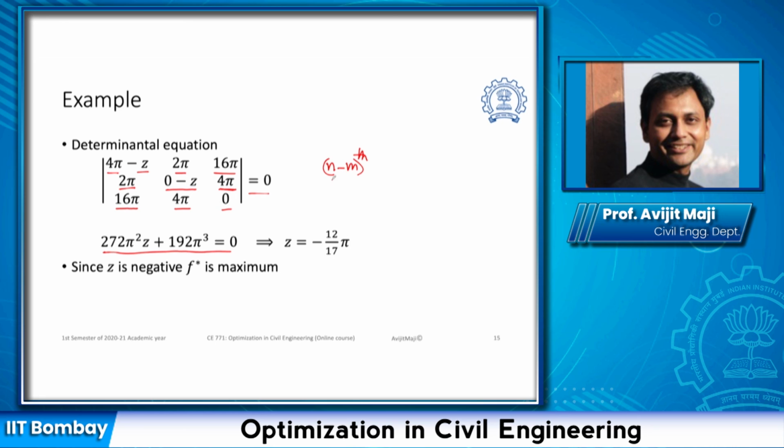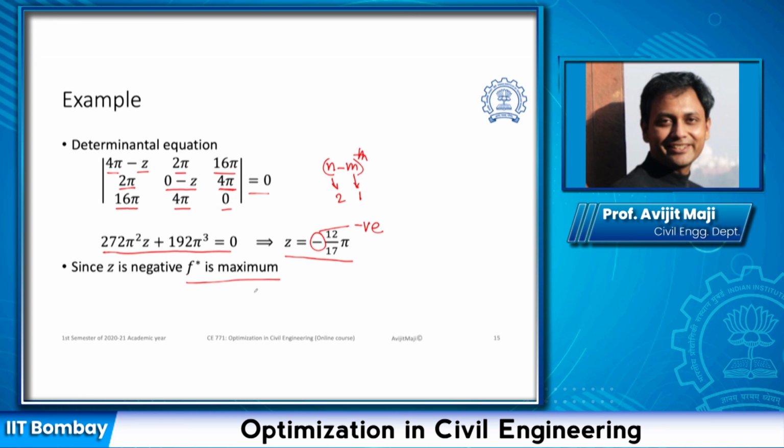In this case, n is equal to 2 and m is equal to 1, so this is a first order polynomial. If we solve for z, we obtain this value, which is negative, indicating that my function value is going to be the maximum.